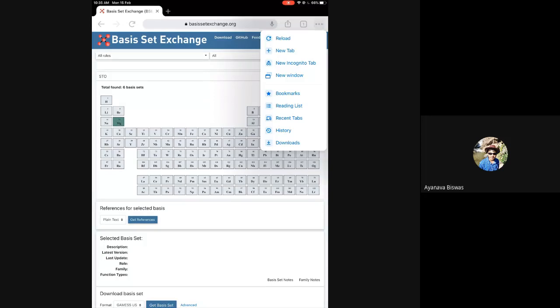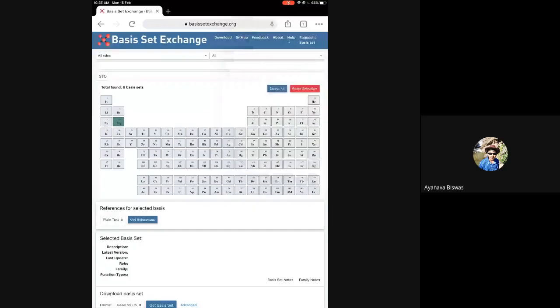Strange. Okay. So this blank thing, somehow something is not appearing. Okay. So see, you have the options here. So let's say I want STO-3G, the one which I said is best. Then it tells you which atoms have STO-3G basis sets available.